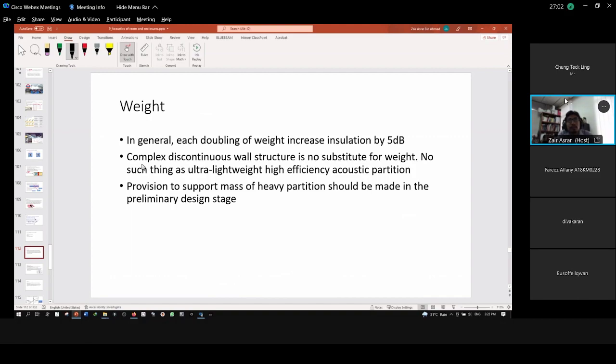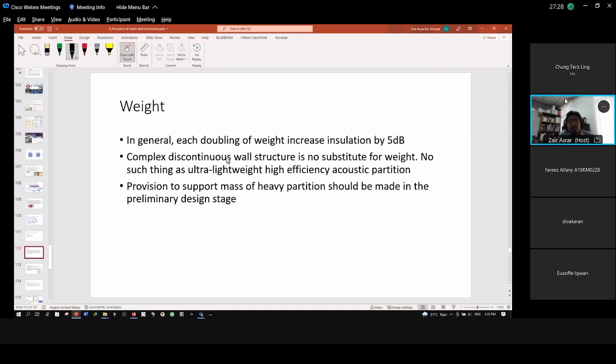If we have something that is complex, sometimes adding weight is quite difficult. So we have to play around with the arrangement of the material within the partition as well.